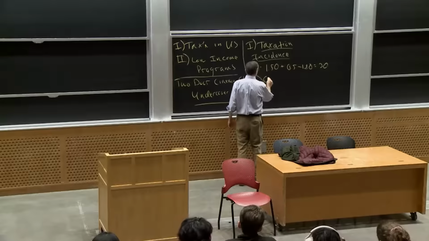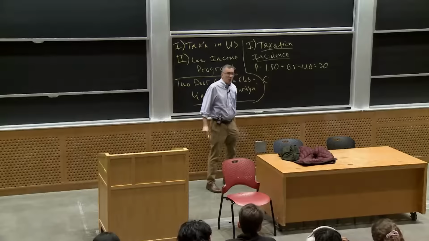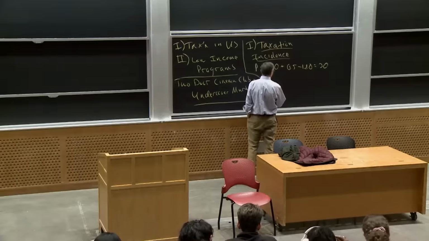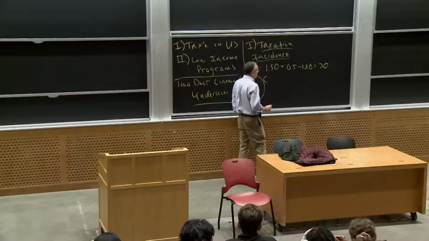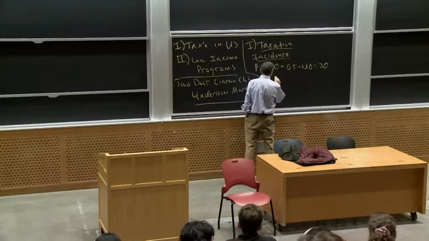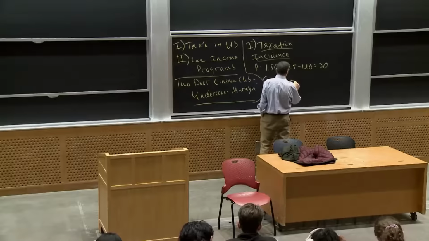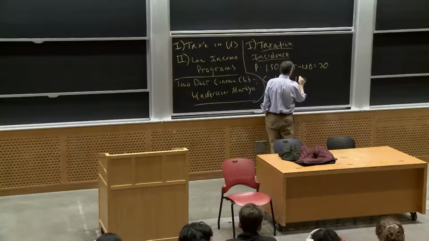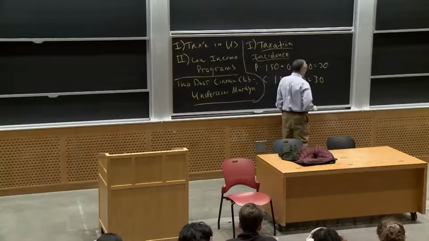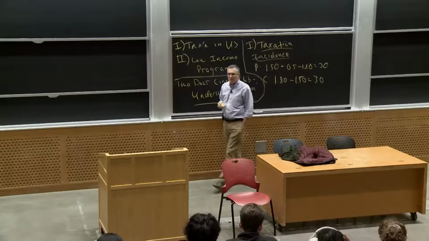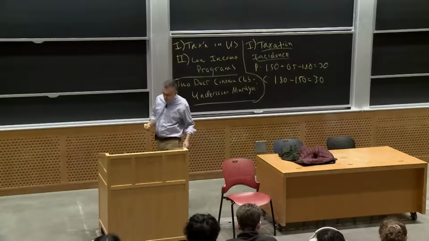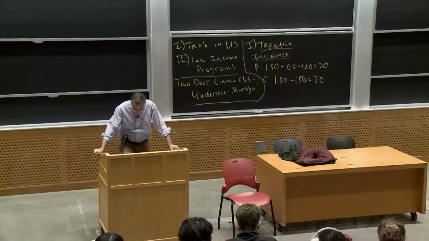What's the consumer burden? Well, the consumer used to pay $1.50, now pays $1.80, so their burden is 30 cents. You can see that once again in the graph. Consumers used to pay $1.50, now they pay $1.80.